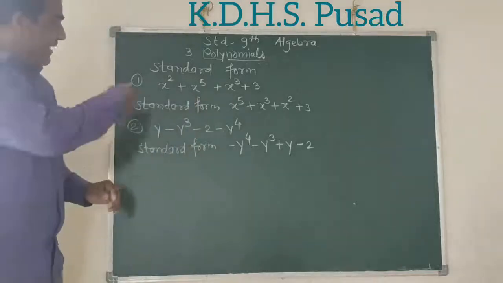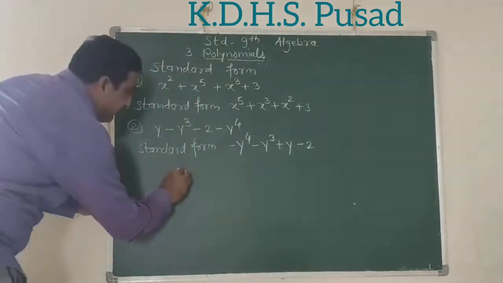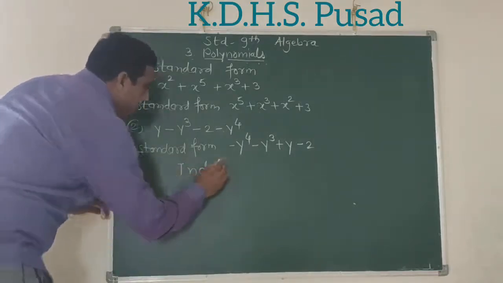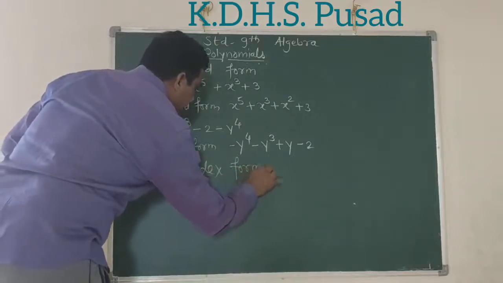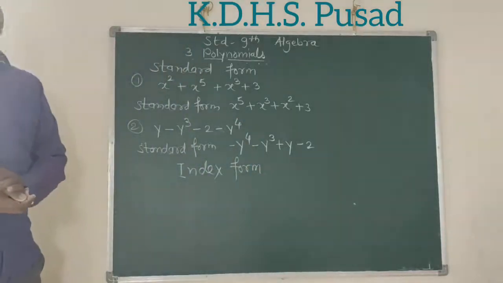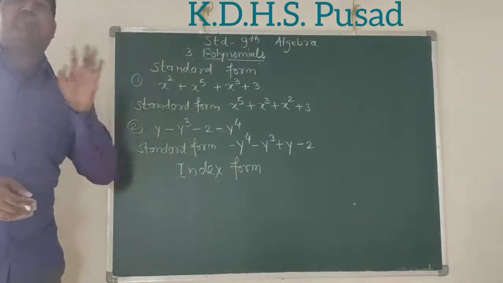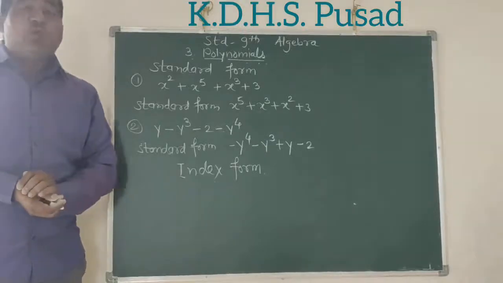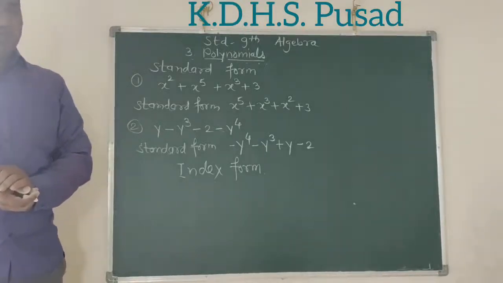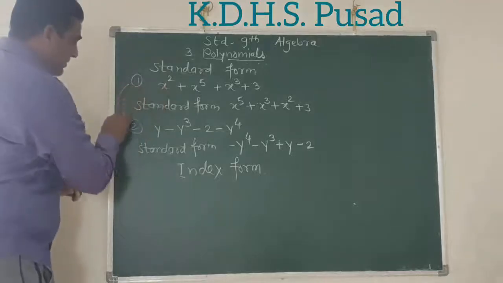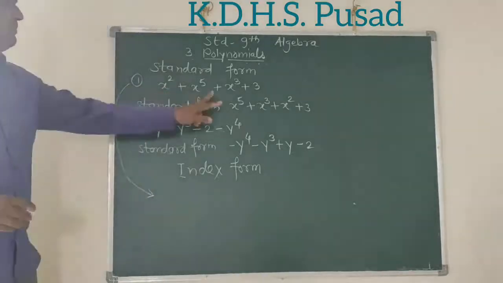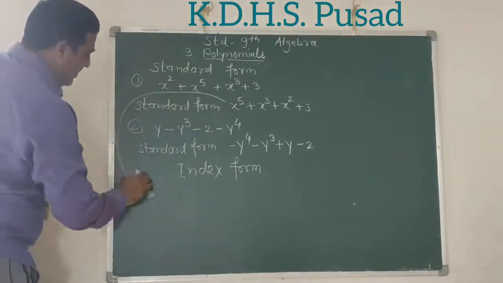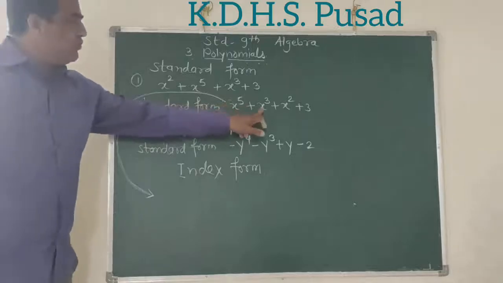Now based on the standard form, there is the index form. In index form, we have to write all the missing terms also by taking coefficient 0. Using the first example for index form, power 4 is missing.